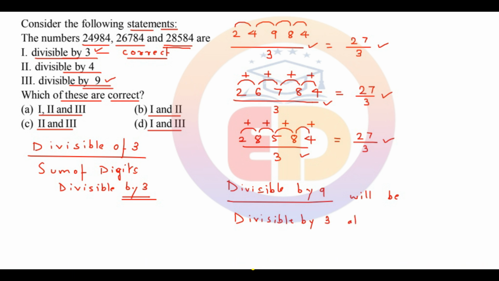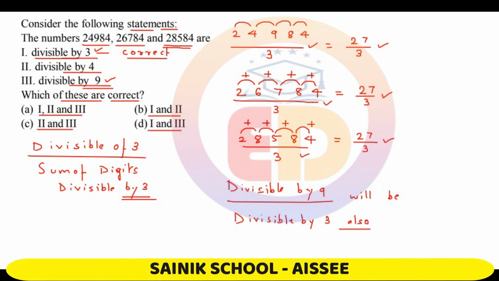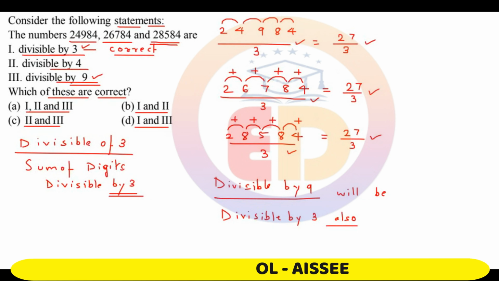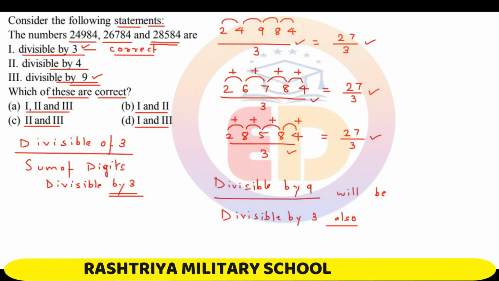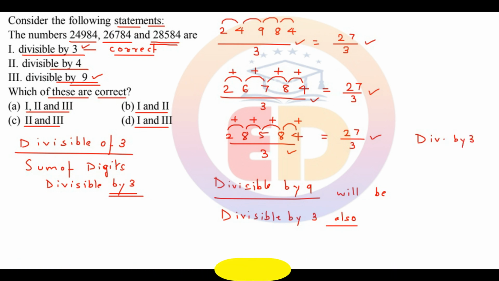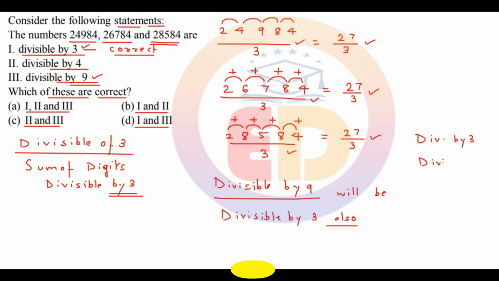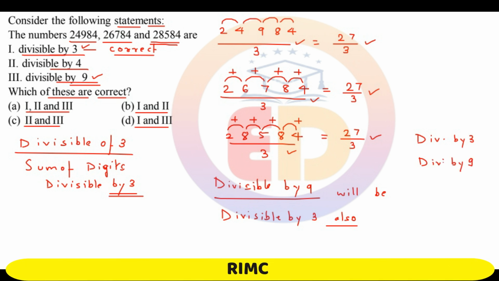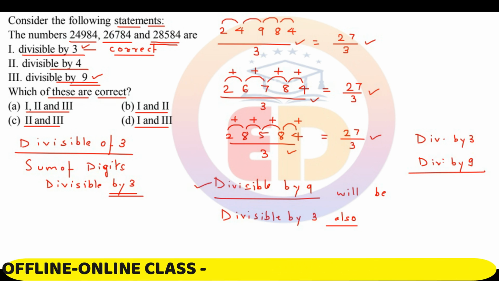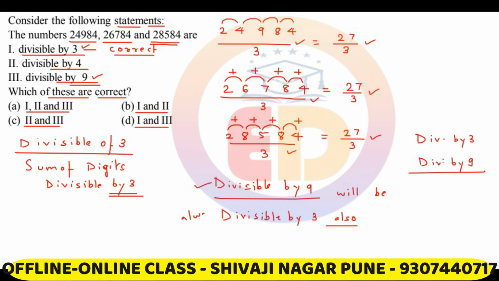But the reverse or the vice versa is not true, which means that if a number is divisible by 3, then it is not necessary that it will be divisible by 9. It can be or it cannot be. But if a number is divisible by 9, then it will always be divisible by 3.